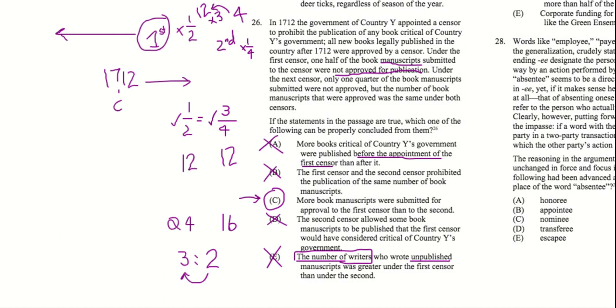And even though the numbers might change, which one's bigger and which one's smaller will not change because with proportions, one is going to be bigger and one's going to be smaller, right? So no matter what numbers you decide to add in, as long as you put in the proportions correctly, the bigger number will stay the bigger number, if that makes sense. So C is the answer here.